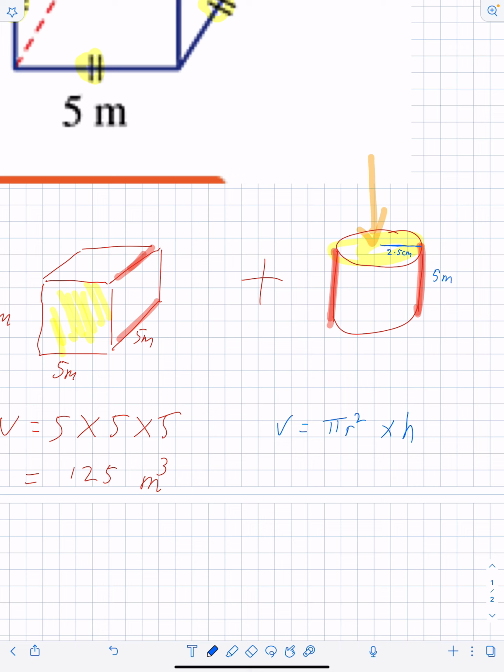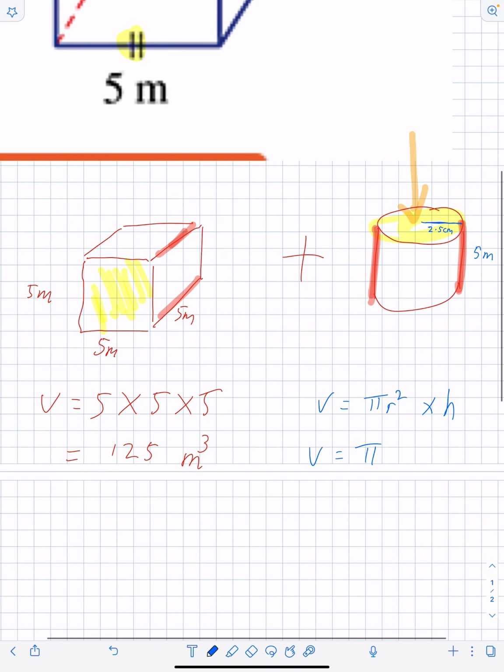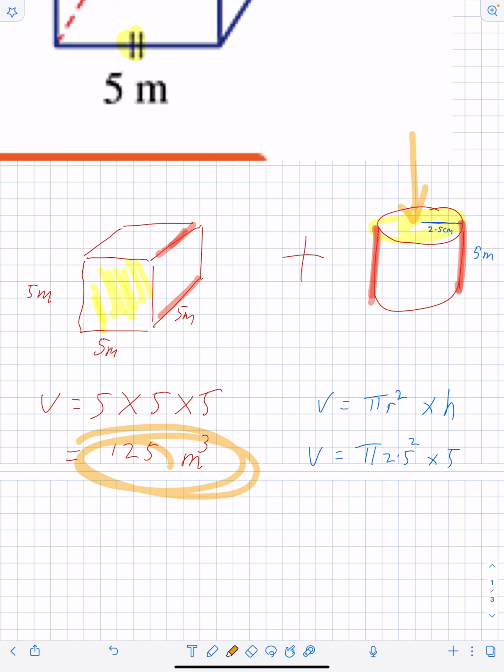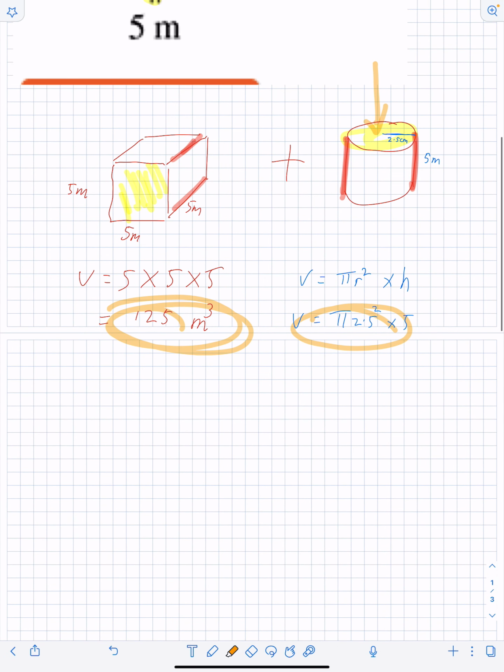So let's just work through that. The volume of this one will be pi multiplied by 2.5 squared multiplied by 5, okay? And then you can solve that on your calculator. Basically, you just want to add them up. So you get your 125, plus your answer to the volume of the cylinder. All right, and so that will be your answer.